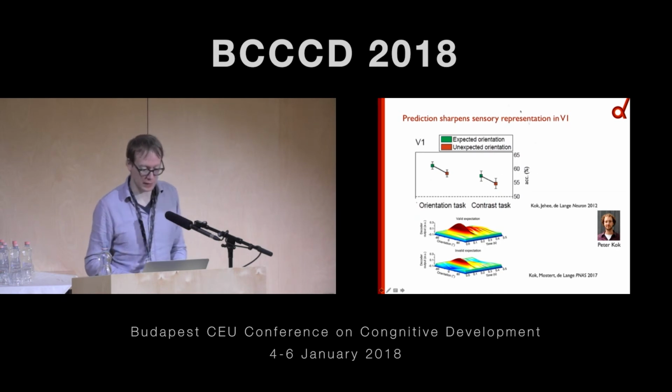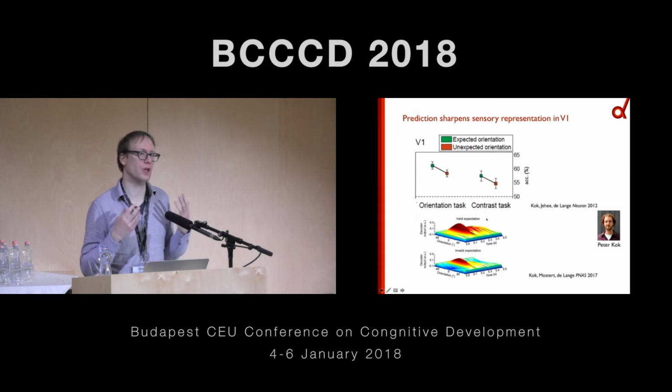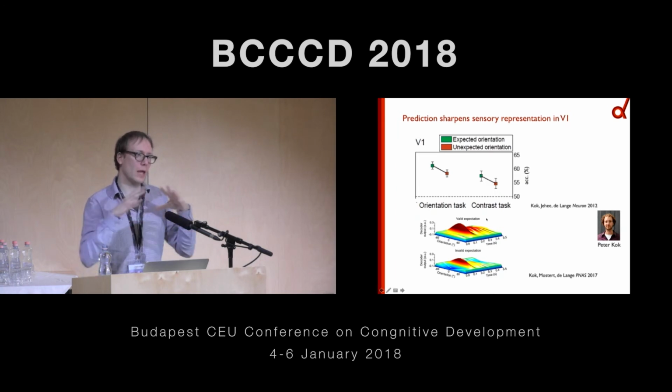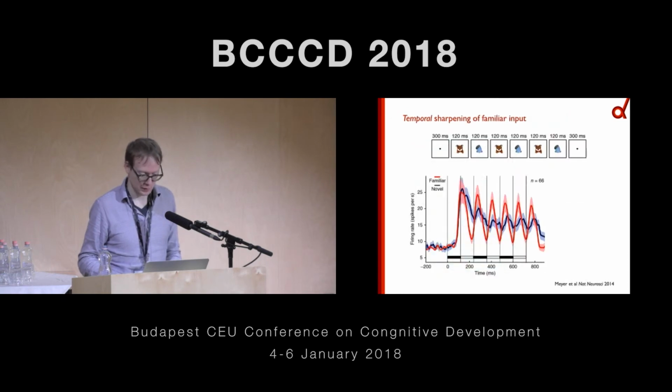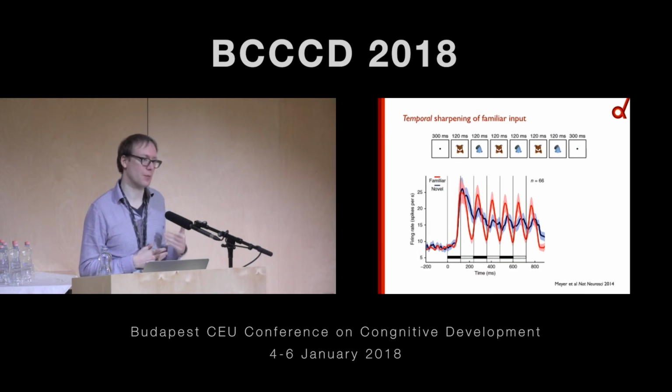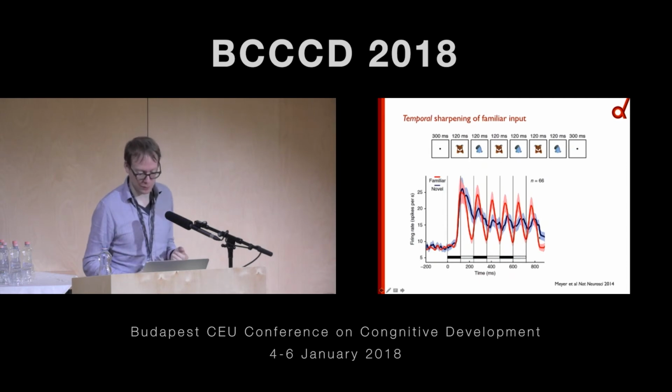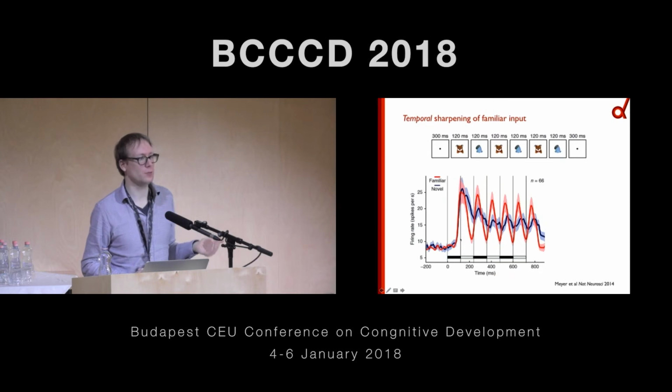So this is at the level of the sensory representation, so the population activity elicited by that stimulus. But another interesting way in which predictions may be able to change sensory processing is not so much in terms of the spatial representation of activity, but more the temporal duration of that activity. We took inspiration here from a study by Carl Olson's lab, in macaque monkeys, that showed what happens if you familiarize animals with images.